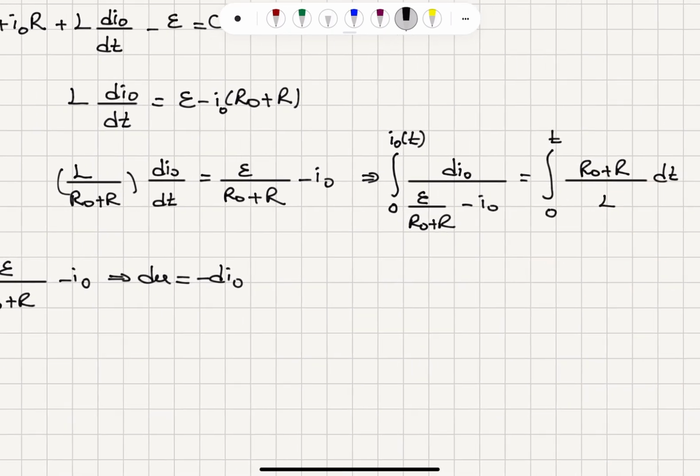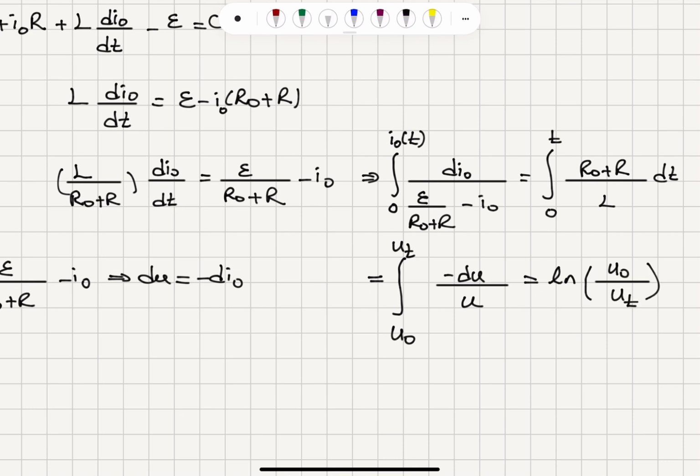With that, this integral becomes the integral, with u going from its value at time 0 to its value at time t, of minus du over u, which is going to give me natural logarithm of u0 over ut.